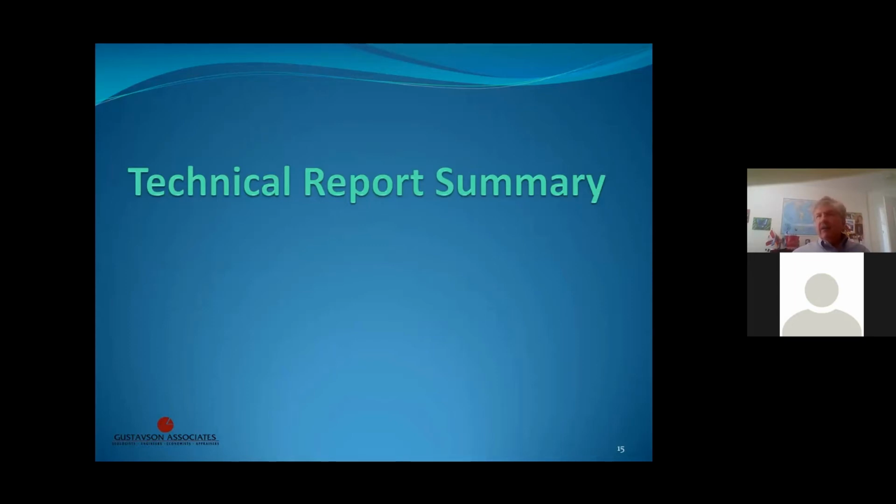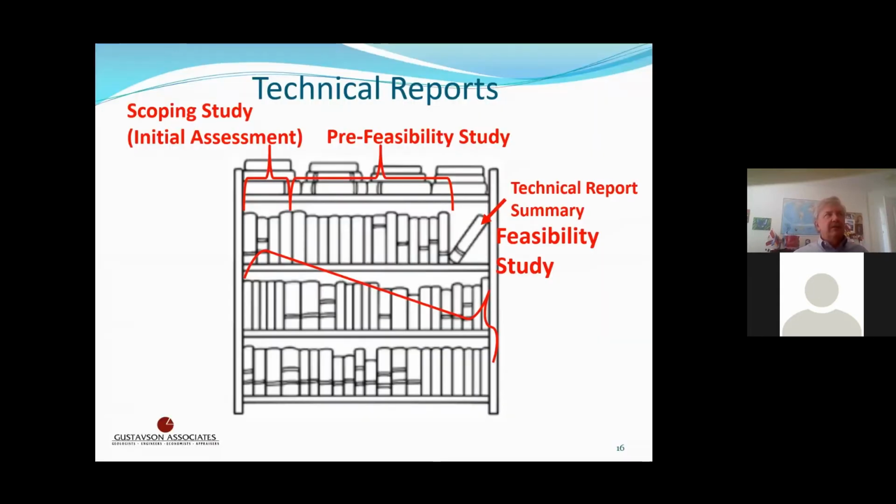The meat behind the report and the sustenance of it has not really changed since many of us graduated from college, where a scoping study was 4 shelf inches, a pre-feasibility study was 24 shelf inches, and a feasibility study was perhaps 4 shelf feet because of all the documentation that was required to achieve the scoping, pre-feasibility, or feasibility level of accuracy.